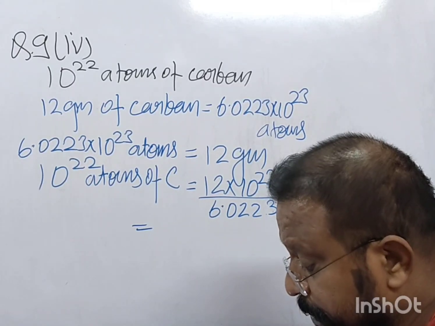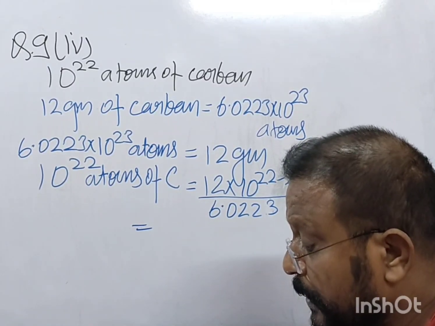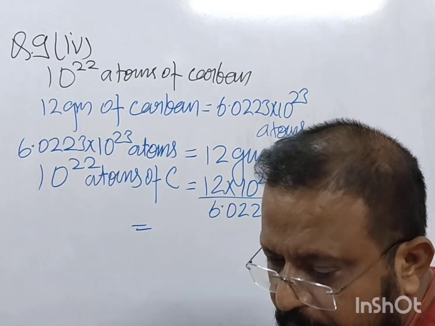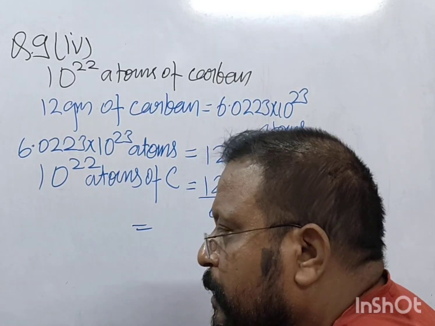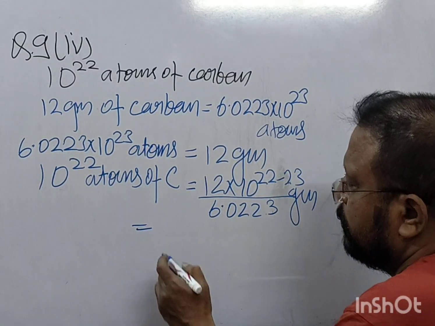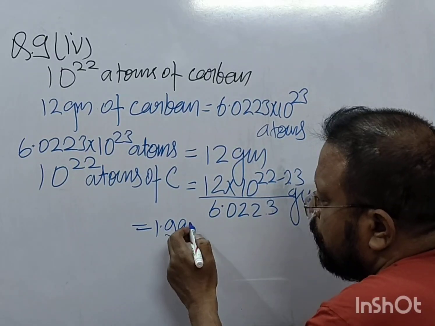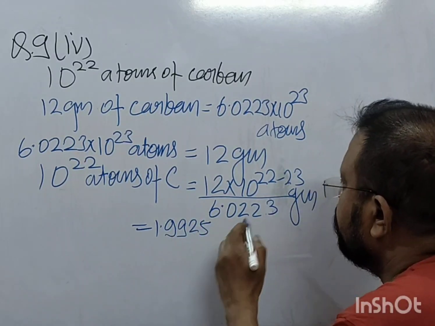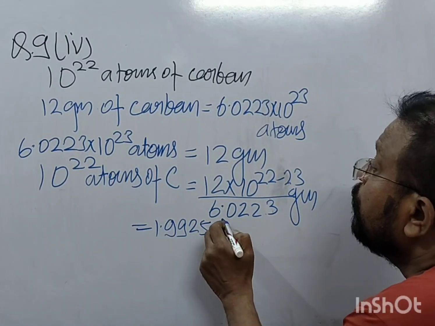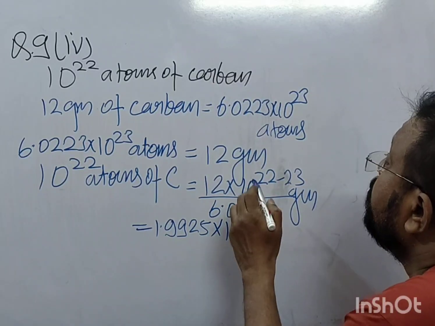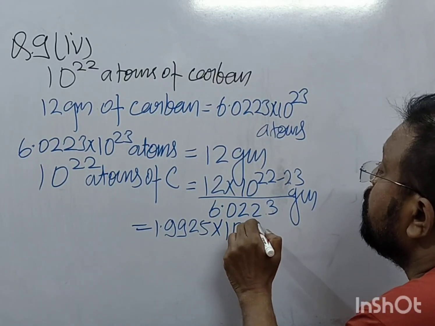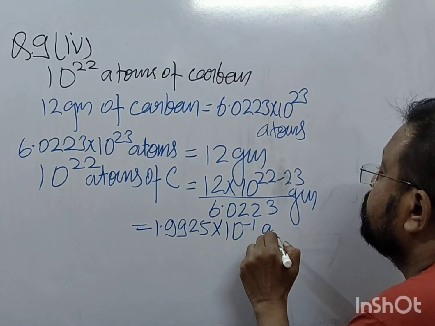12 divided by 6.0223. It is 1.99, 1.9925 into 10 raised to the power minus 1 gram.